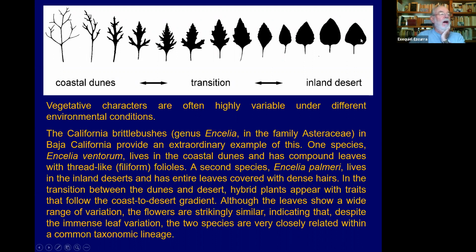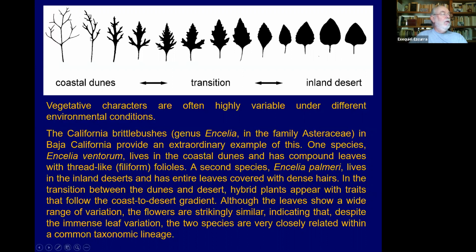Then you have on the right of the image the desert brittle bush that has oval-shaped or heart-shaped or deltoid-shaped leaves that are very hairy, covered with dense white hairs in order to prevent evaporation from the leaf in the desert.